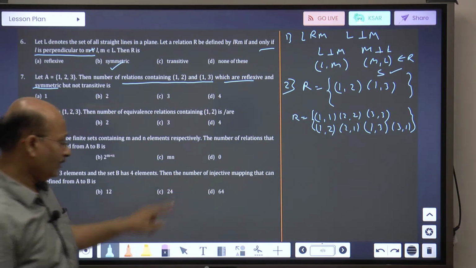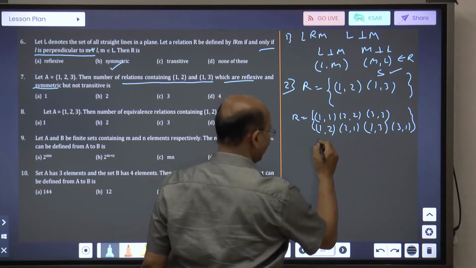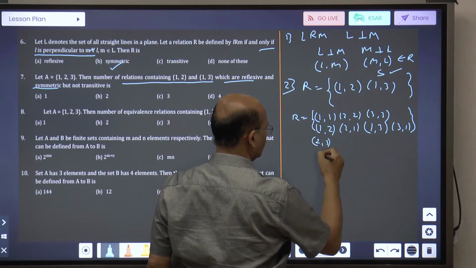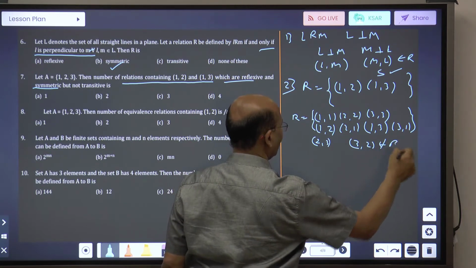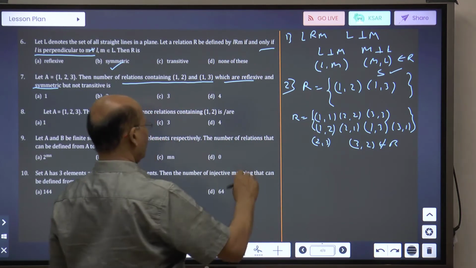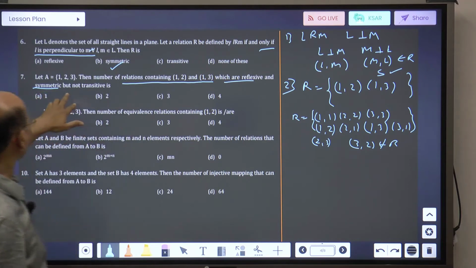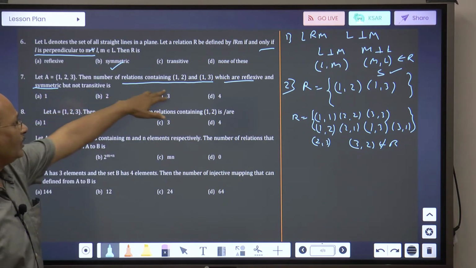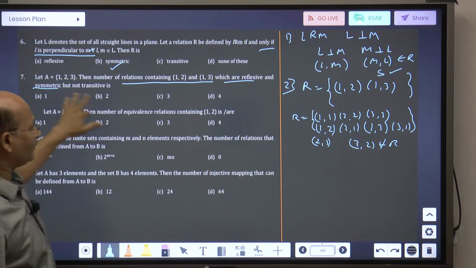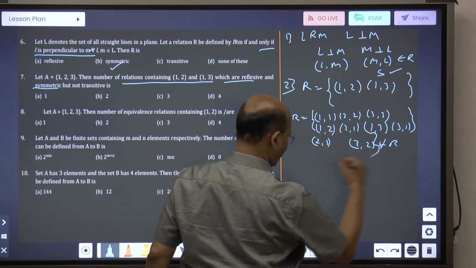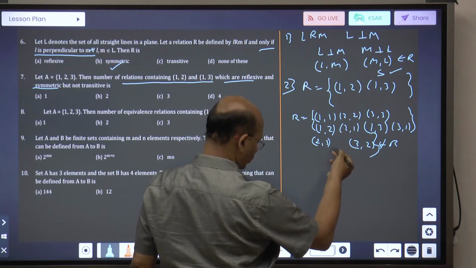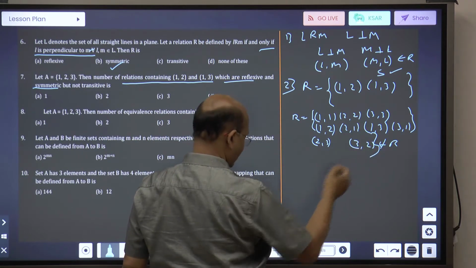But (2, 3), if you look here, if I take (2, 3), (3, 2) will not be in R. Just check. I mean to say, they are telling how many relations can you form containing (1, 2), (1, 3) which are reflexive and symmetric but not transitive. Could this also be included? No, if (2, 3) is there, it is transitive in this case.